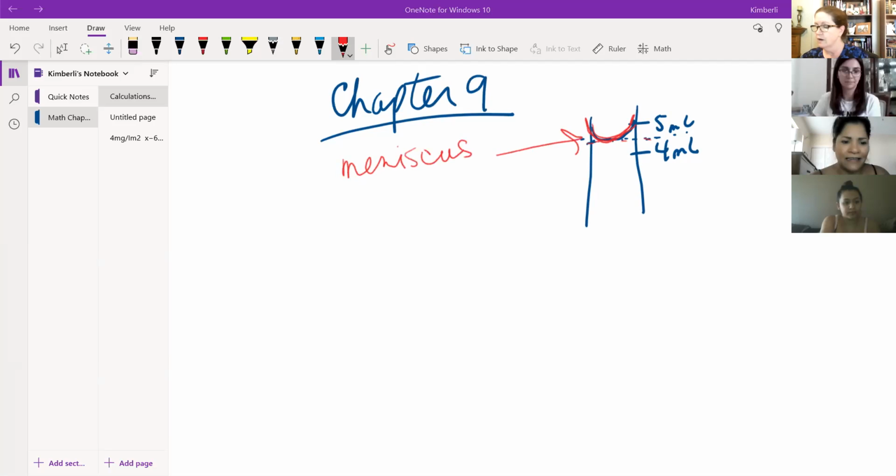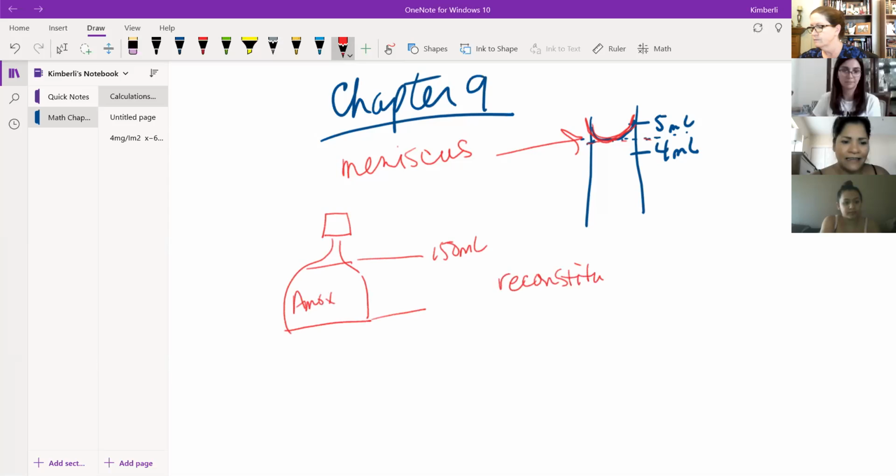if we have a bottle containing amoxicillin, and the whole thing, once you reconstitute it, is 150 milliliters, but then it tells you to reconstitute with 104 milliliters of water.